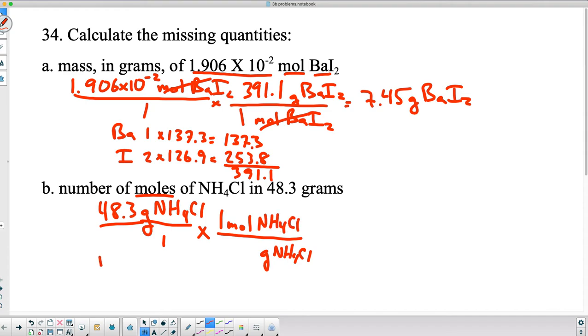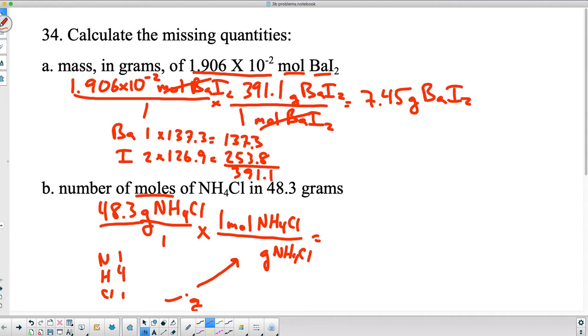So you do the N, the H, and the Cl here. The 1, the 4, the 1. You can finish that up. Whatever you get for the number of grams then is what's going to go there. And then you simply take your 48.3 divided by whatever number you got from the molar mass of ammonium chloride.